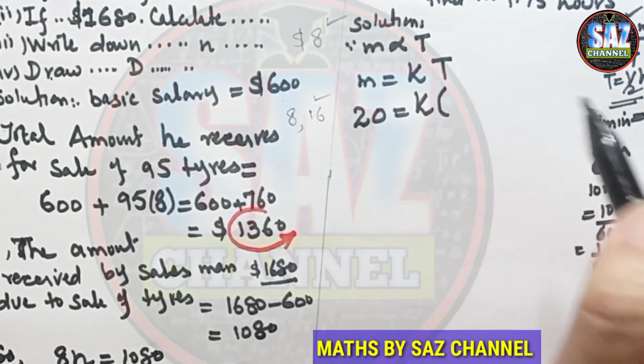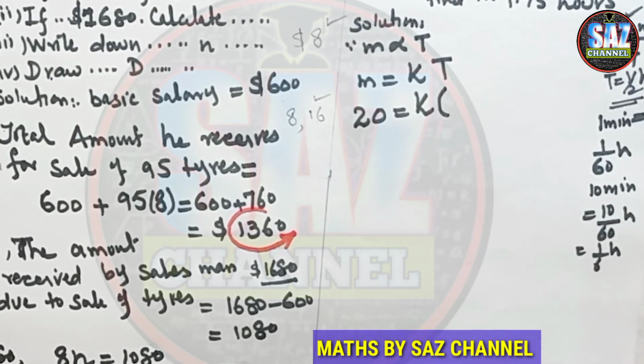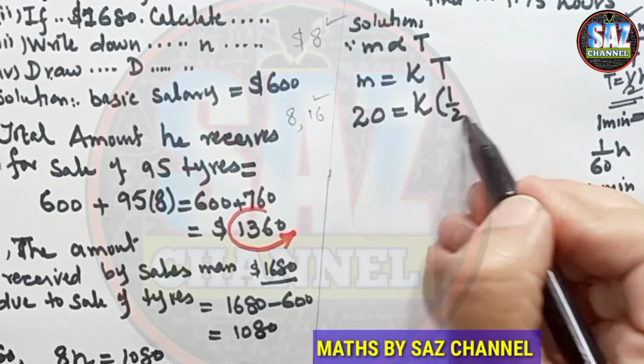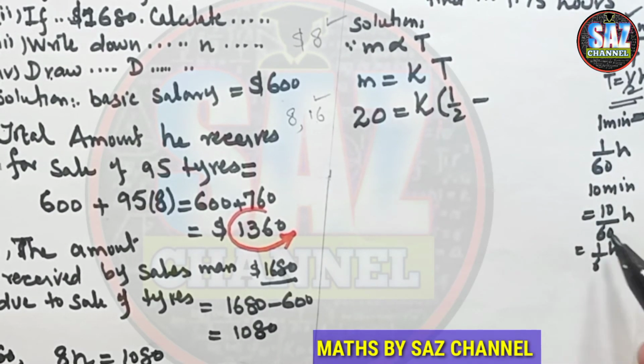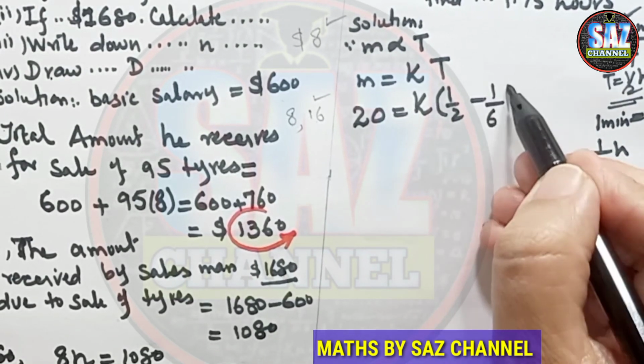What will be the expression for time here? As the machine is run for half an hour, but not for the total half an hour is it producing ice. So this is half an hour minus the 10 minutes in hours, which is 1 by 6: 1 by 2 minus 1 by 6.